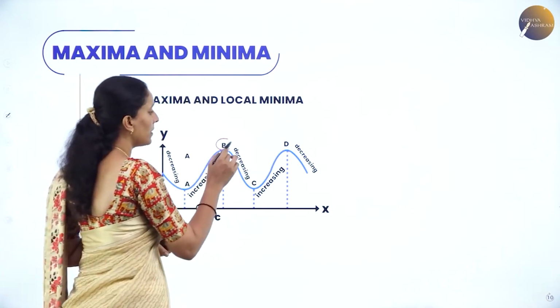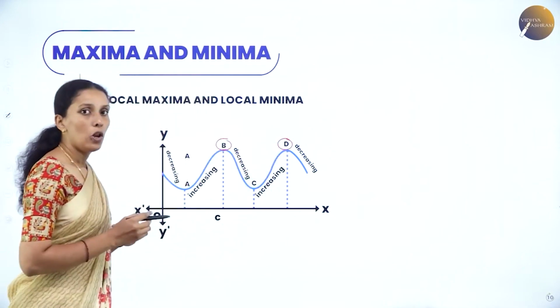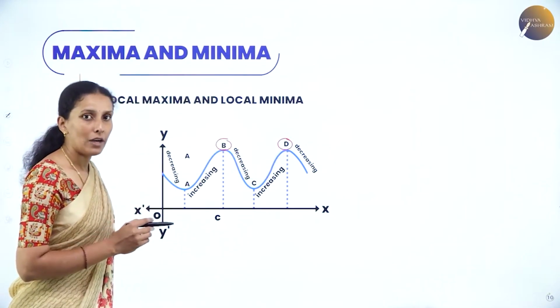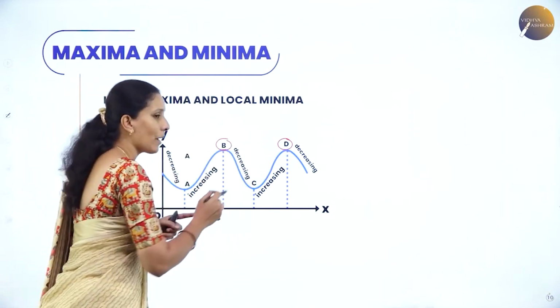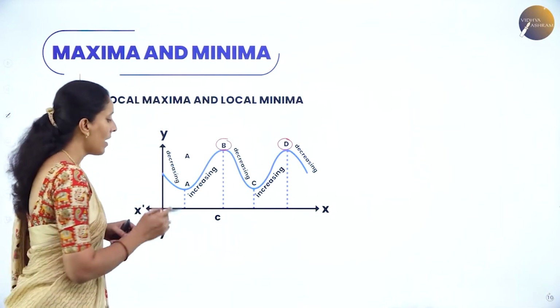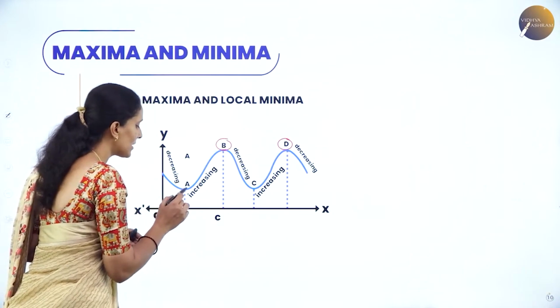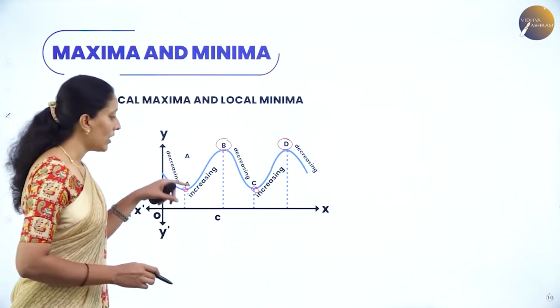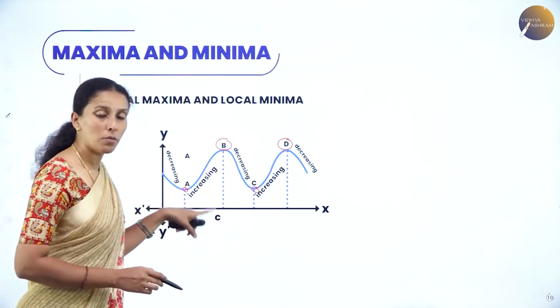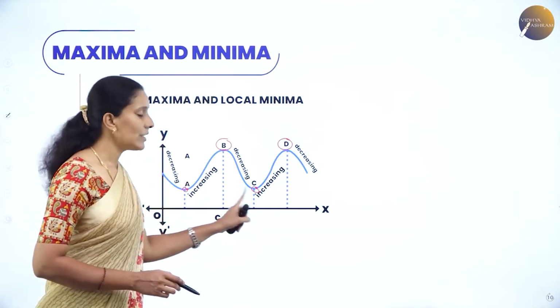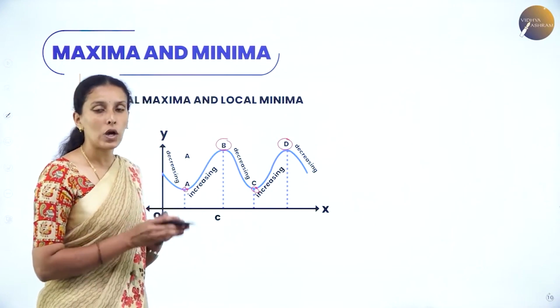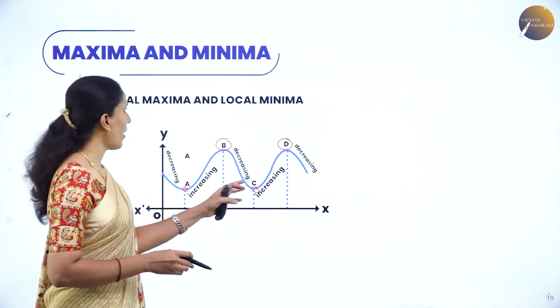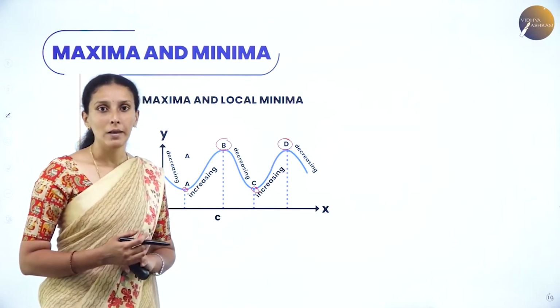Thus we can say B and D are local maxima. And here you can clearly say at some neighborhood of A and at some neighborhood of C, the function is decreasing and it is almost minimum. And these values can be called local minimum values and these points can also be called local minima.